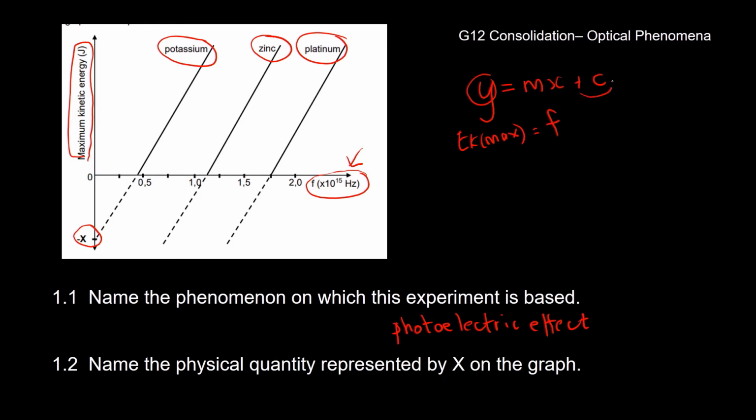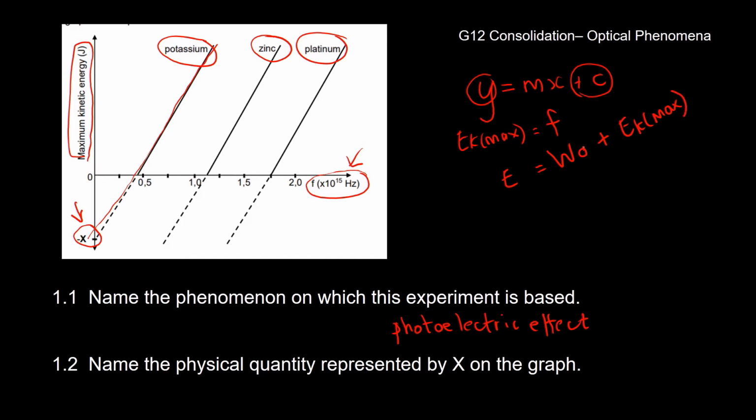What about this plus c? Well, that is where the line cuts through the y-axis. So that would be this x value here. It is for potassium. You can see potassium, the line moves through in that direction and it cuts at x. We know we've got an equation that looks like this: E is equal to work function plus maximum kinetic energy.